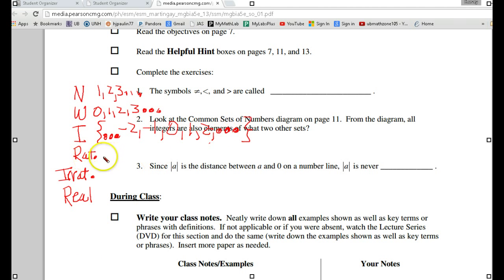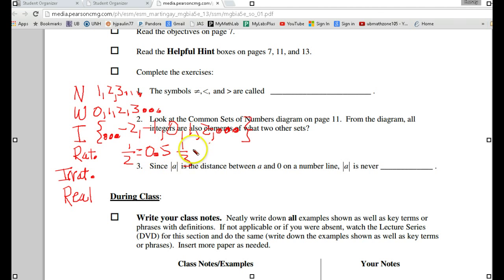Now, rational numbers were all of these, but also the fractions that were in there, like 1/2 and 1/3. And 1/2, when it's converted to a decimal, is 0.5, and it terminates there.